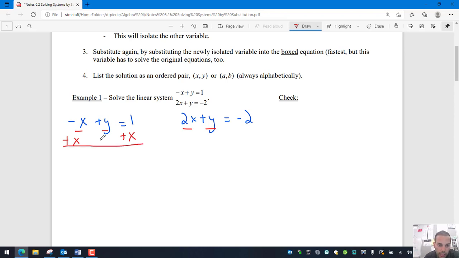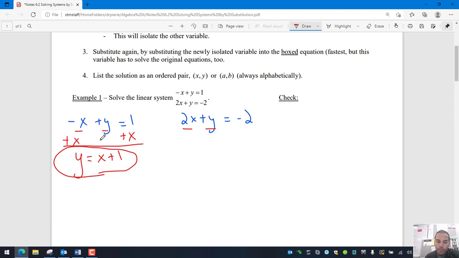And when I do that, I'm left with y is equal to x plus 1, and y is all by itself. I have one variable that's isolated. So the first step is to get one of your four variables all by itself. Pick the easiest one if you can.